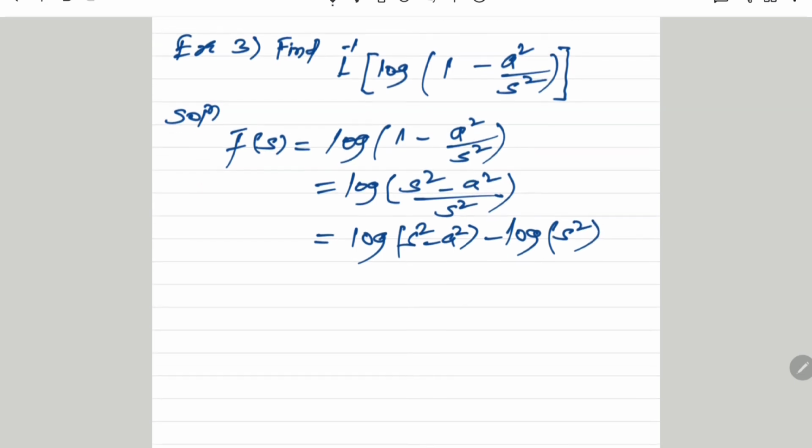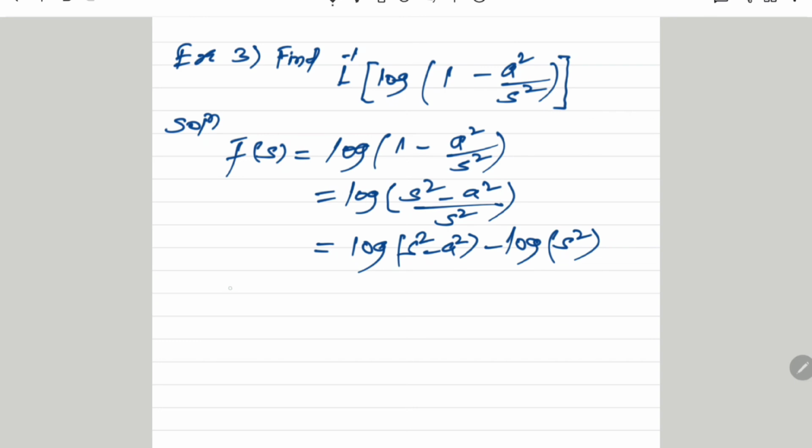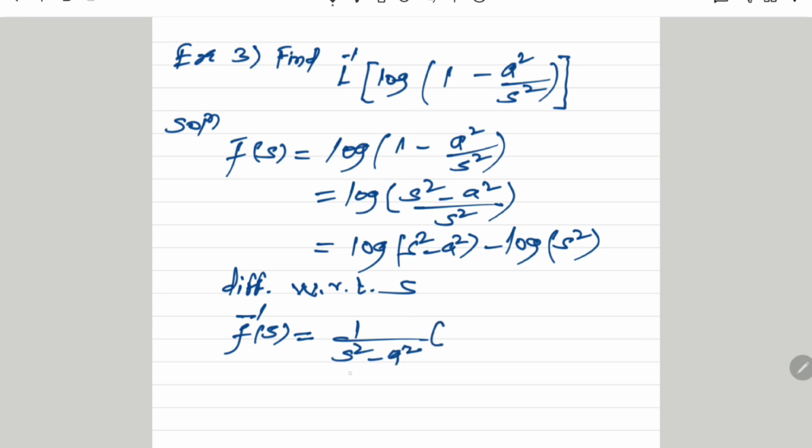And as it is a function of s, differentiating with respect to s, we get f dash of s as 1 upon s square minus a square, the derivative of log being 1 upon the argument. Chain rule, the derivative of s square is 2s, minus the derivative of log s square, which is 1 upon s square, and again by chain rule the derivative of s square is 2s.